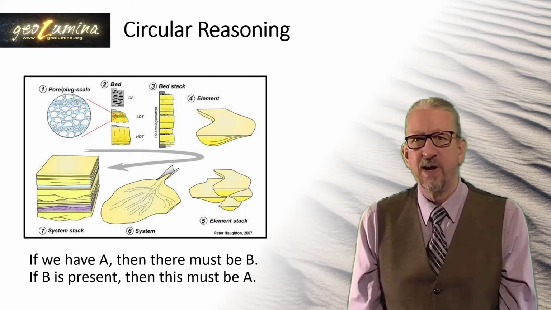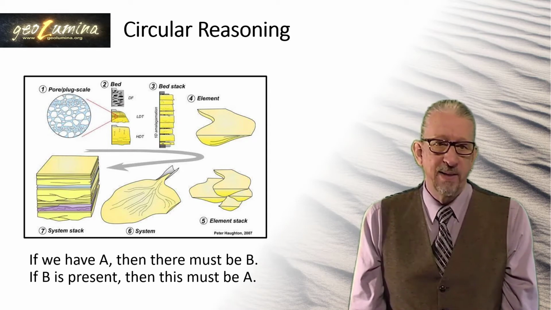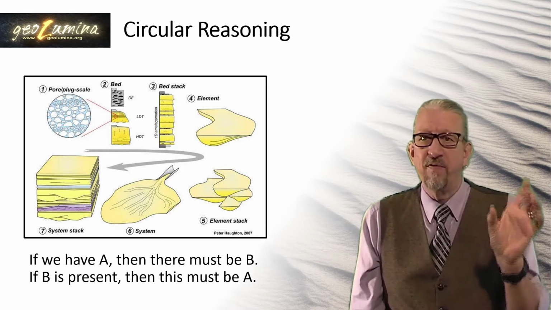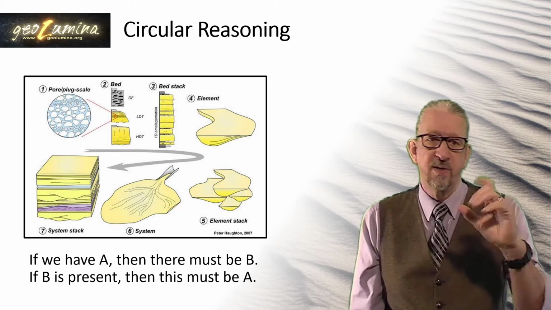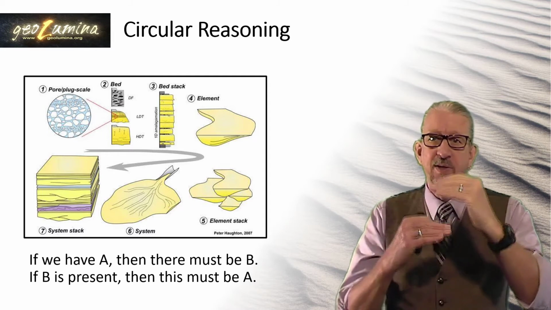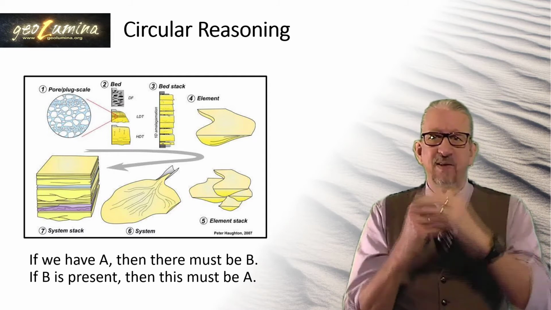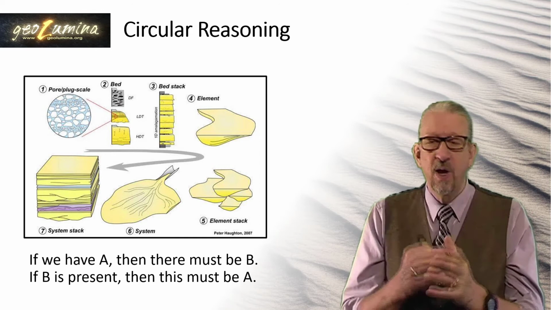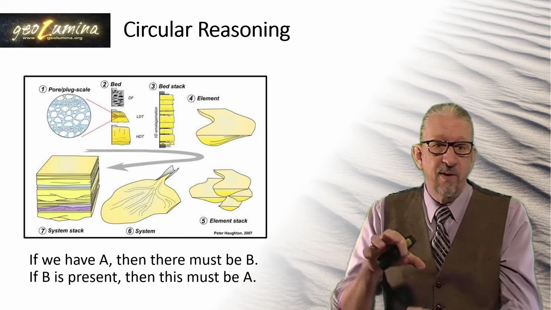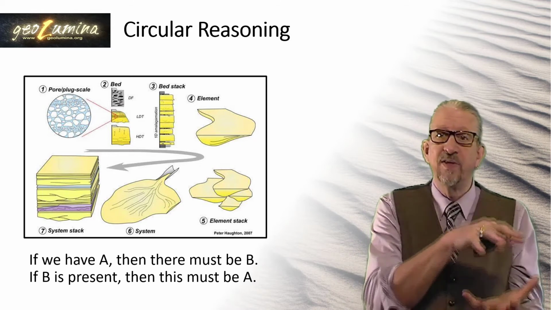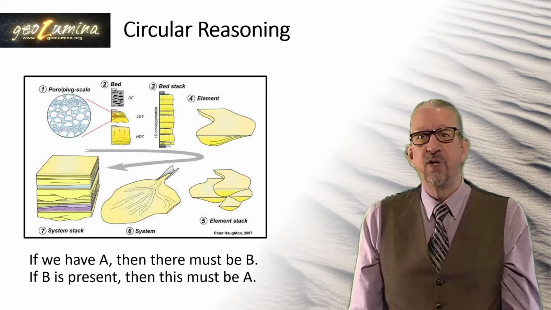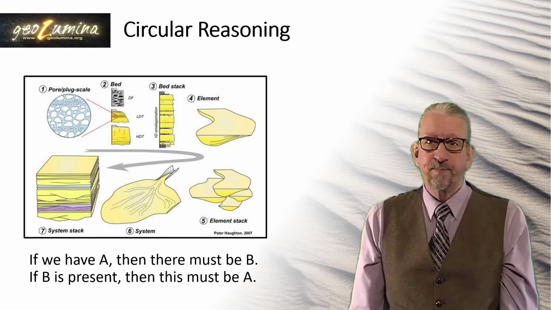And this is one of his diagrams from deep water depositional systems, showing how certain petrographical characteristics can be tied to the structures at the bed scale, and how those beds can be put together into a stack with a certain set of relationships he calls a bed stack, and how those make up a depositional element, and you can stack the elements together, and the elements make up a system, and you can stack the systems together. Lovely logic, lovely explanation of all the different scales of observation.